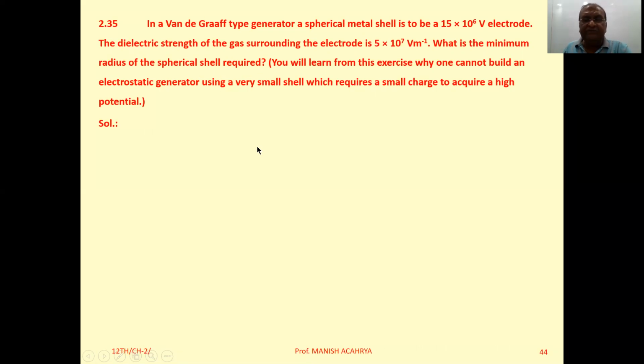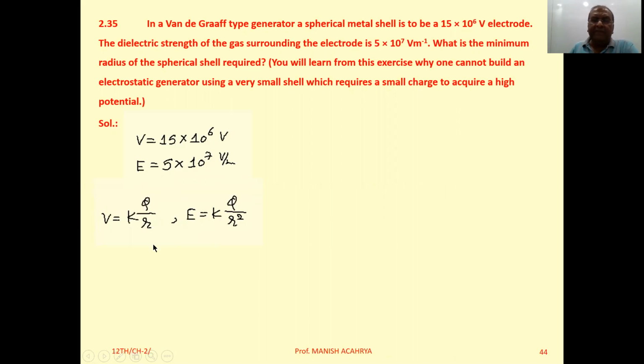Okay. Now see here, the potential that is given to you is 15 into 10 raised to 6 volt, and the electric field strength for the dielectric substance is 5 into 10 raised to 7 volt per meter.